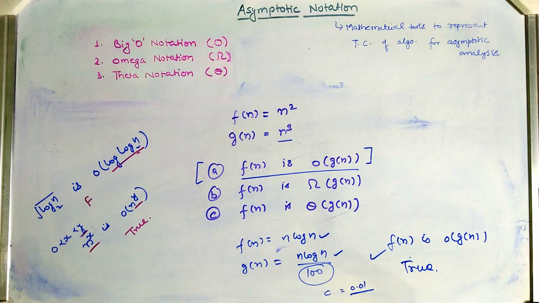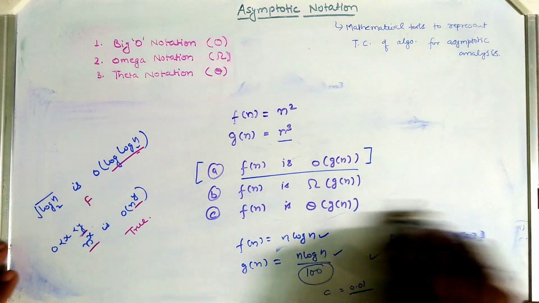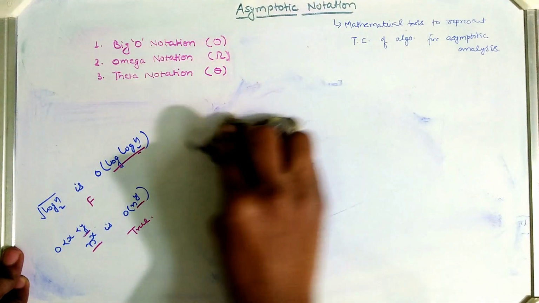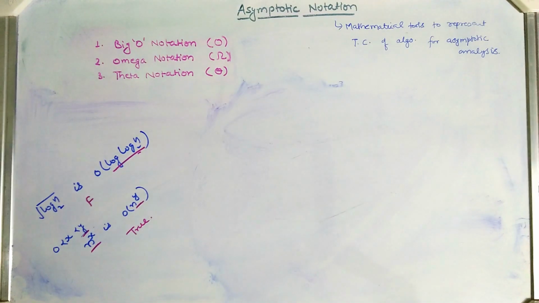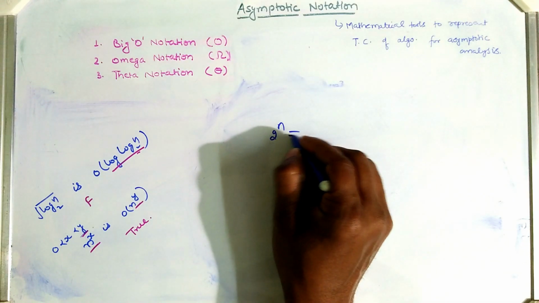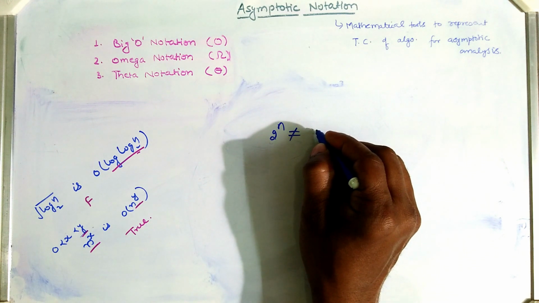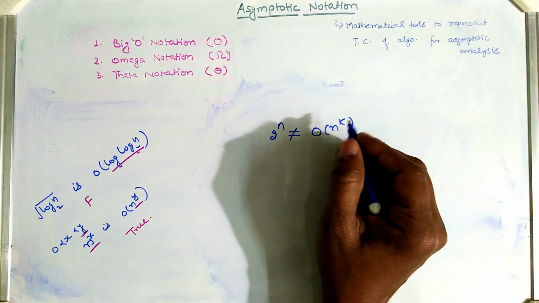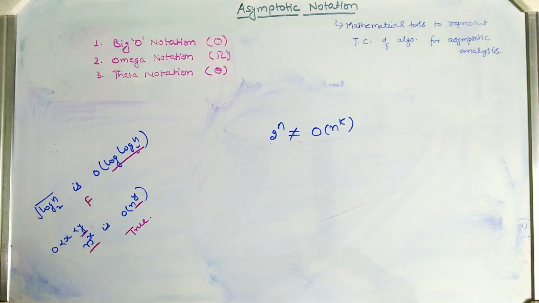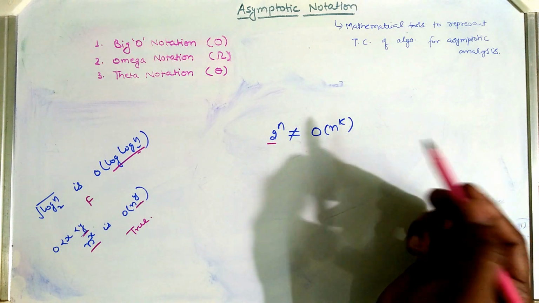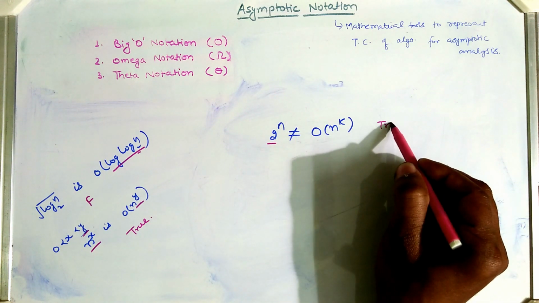Similarly, if someone says that 2 to the power n is not equal to order of n to the power k, then always 2 to the power n has the upper bound. So yes, this statement is true.